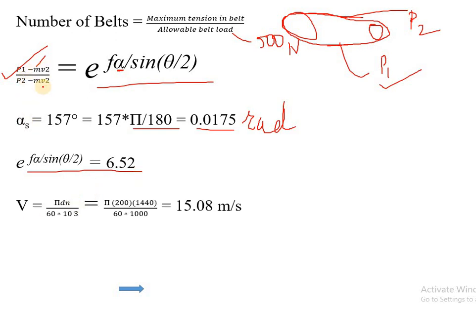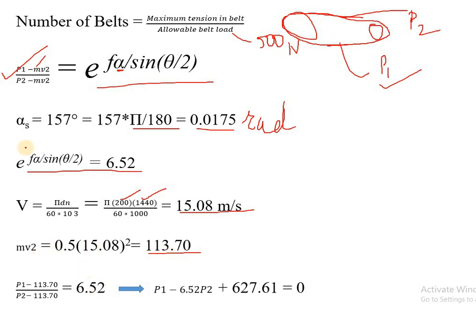Now here v is unknown, so find out v: pi d n upon 60 into 10 raised to 3, so 60 into 1000, and this value. N is the input speed and d is the input driving pulley diameter. So you get this as v. Now you can calculate mv square, which is 113.70.